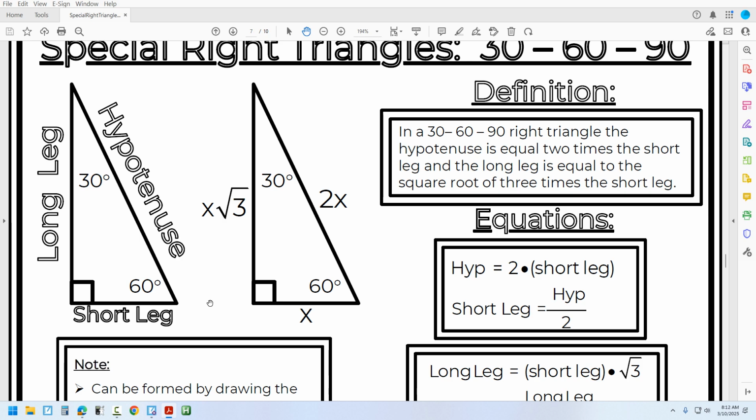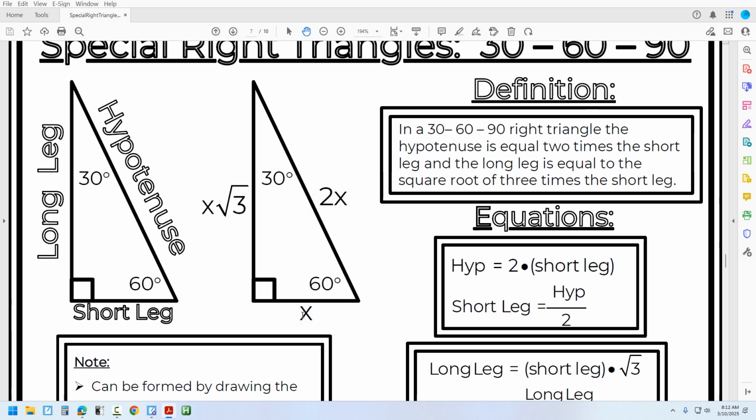Okay, so one way to kind of explain that simply, what that means is the hypotenuse is always double the short side. So if you know the short side is 5, then the hypotenuse is 10. If the short side is 6, then the hypotenuse is 12. Okay? The hypotenuse is always double the short side.